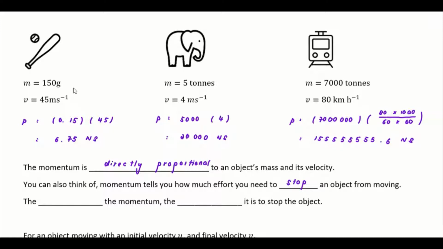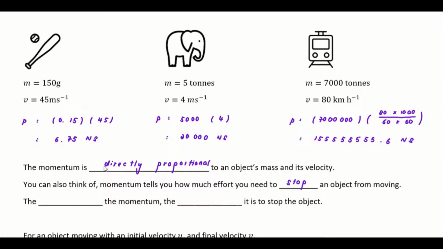Obviously it's the one moving with a higher velocity, so the momentum is higher. Now when you compare mass, a baseball travelling at the same speed as the elephant, because the mass of the elephant is much bigger, it's harder for you to stop the elephant than the baseball.